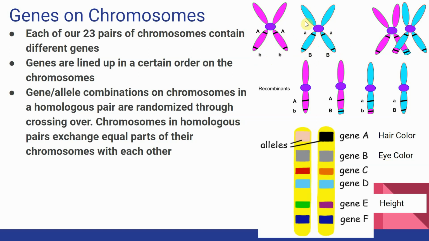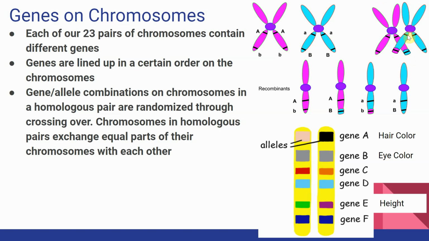What is more or less going to happen during the process of crossing over is the second picture here. We can see that on our blue chromosome, there's now a small section of it that is the pink chromosome. They're quite literally going to cut off a small piece of each of these chromosomes, and they're going to switch spots. So this little piece of the pink chromosome is now on the blue chromosome, and that same little section from the blue chromosome is now on the pink chromosome.